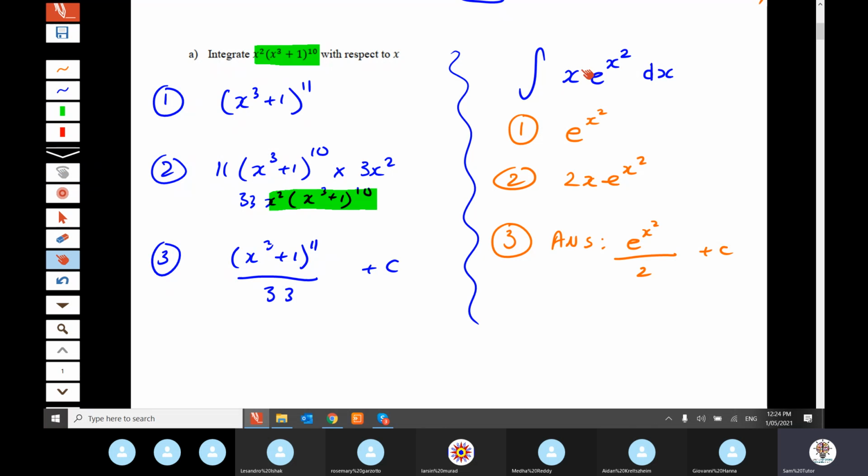This is what we ended up getting if we chose that as a guess. But because we've got an extra 3, which is so close, I'm going to get rid of that 3. How? I'll go, it's e to the x cubed divided by 3. So when I differentiate this now, I'm actually going to get the line in the blue, because the 3s will cancel out technically.